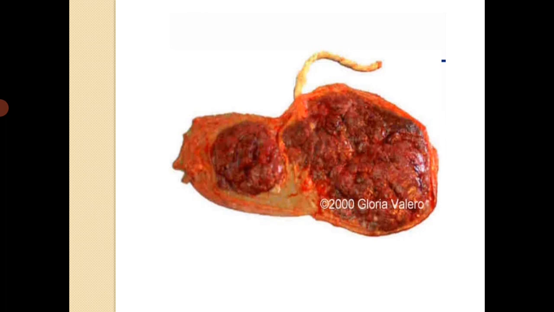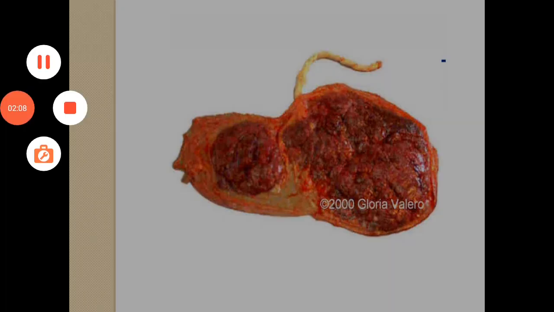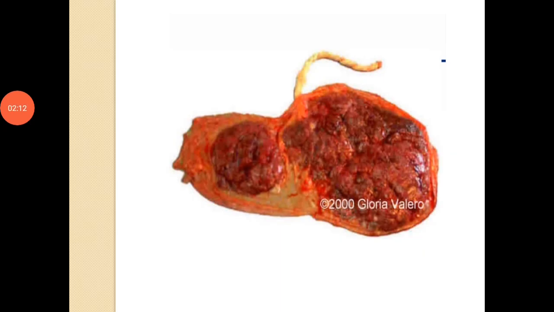Here you can see the succenturiate placenta, where one or more lobes may be separated from the accessory lobes in the membrane. It may be at a variable distance away from the main placental mass.